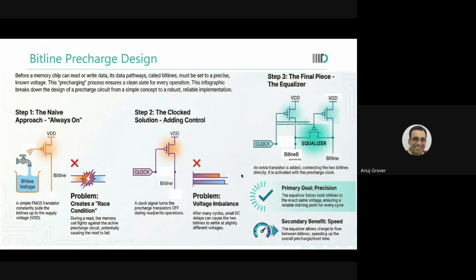Okay. I'm saying almost equal level. I'm not saying equal level.